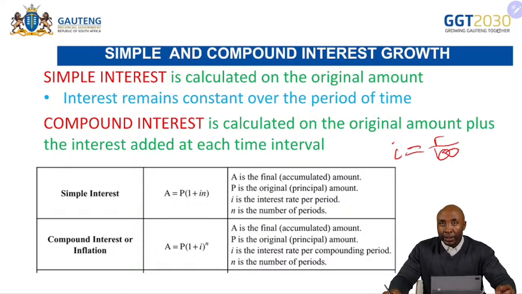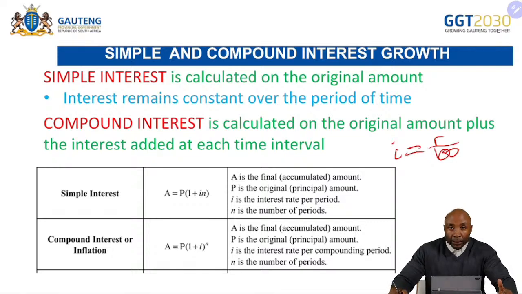For our simple interest, please note that our n is always given as the number of years. But for our compound interest, you will find out that it depends on the compounding that we are dealing with. We are going to discuss more on the compounding part, but n does not represent number of years when it comes to compound interest.